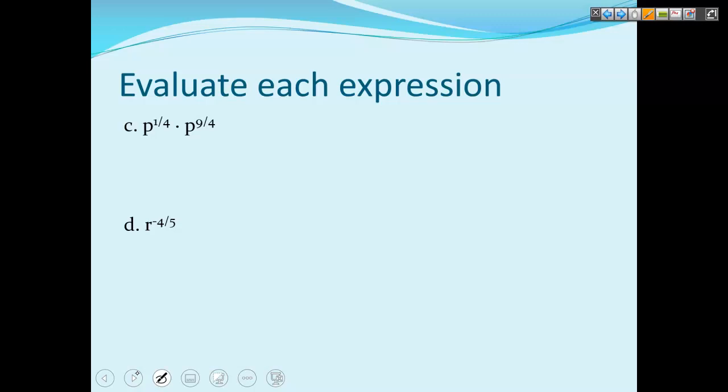So 1/4 plus 9/4 becomes 10/4. And again, if you can reduce, you want to reduce your fractions. So 10 and 4, both divide by 2 to give you 5 halves.